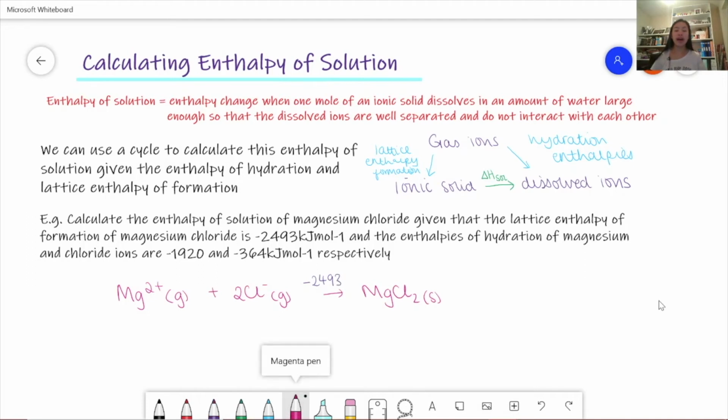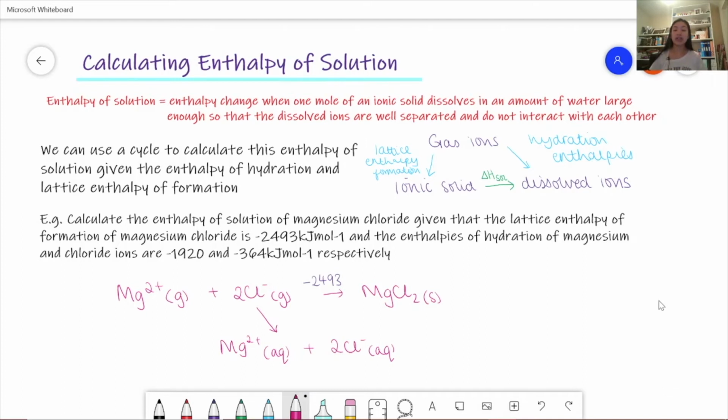And then what I have is I then write the dissolved ions. So I would have Mg2 plus aqueous and 2Cl minus aqueous. And then to get from Mg2 plus gaseous and Cl minus gaseous to the aqueous versions, we would use the hydration enthalpies.